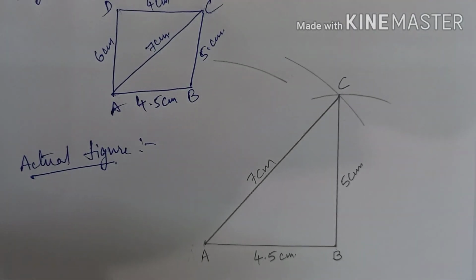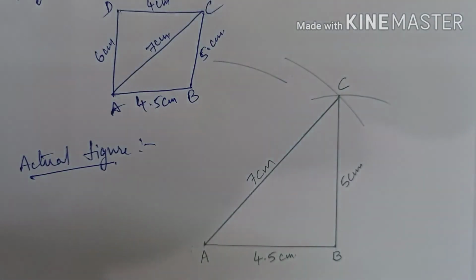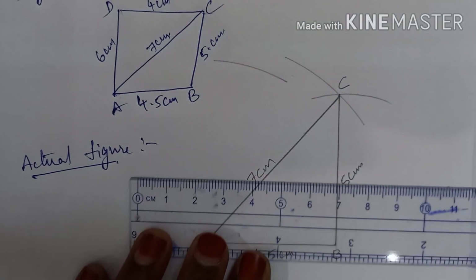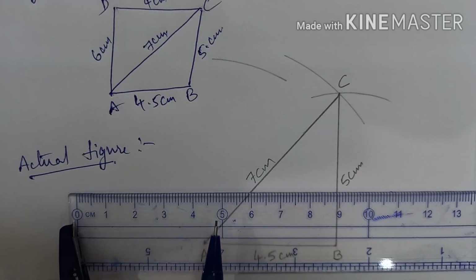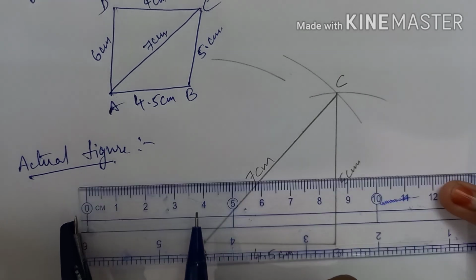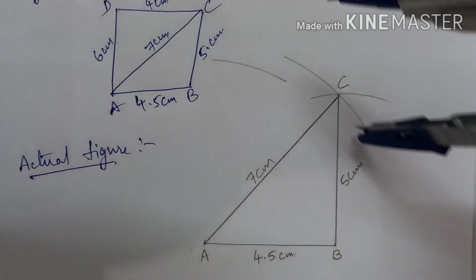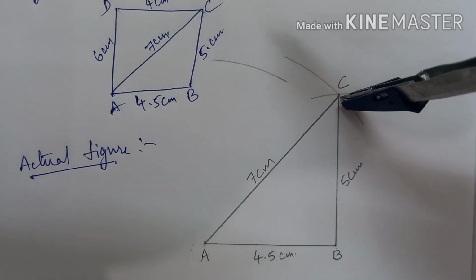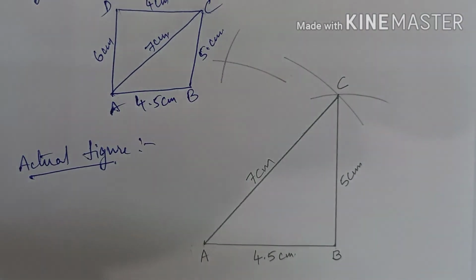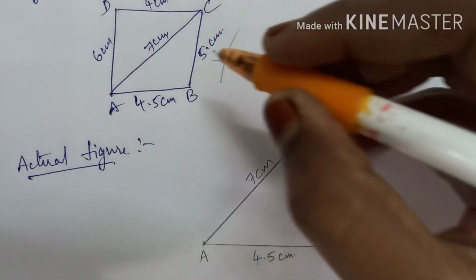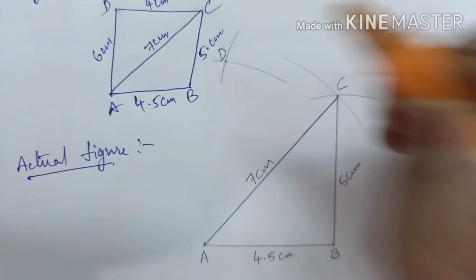And again from C it is 4 centimeters away. So now take 4 centimeters. From C, draw another arc with 4 centimeters as radius and mark the intersecting point as D.